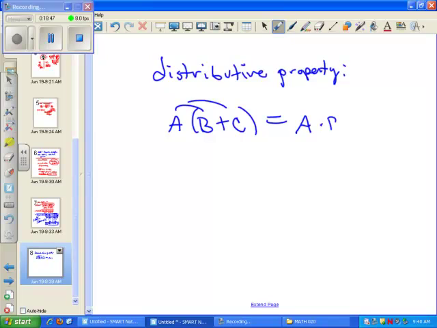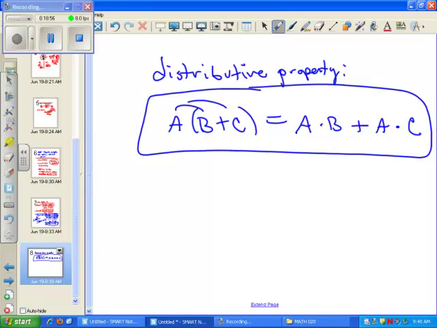A times B plus A times C. If that doesn't seem intuitive, put numbers in there and see if it's true. 7 times the quantity 3 plus 4. Is it true that that's equal to 7 times 3 plus 7 times 4? Well, let's try it.